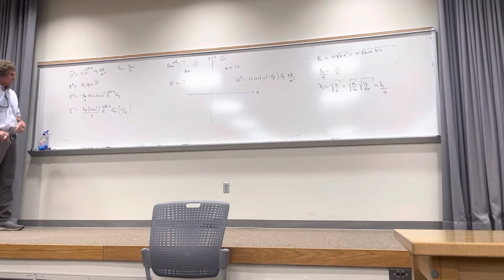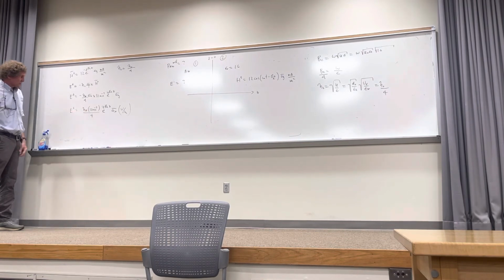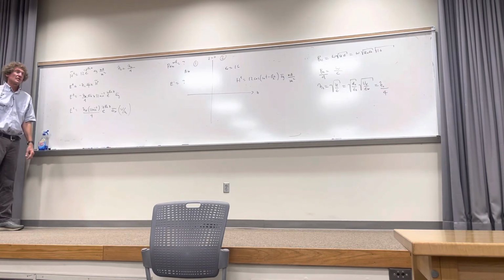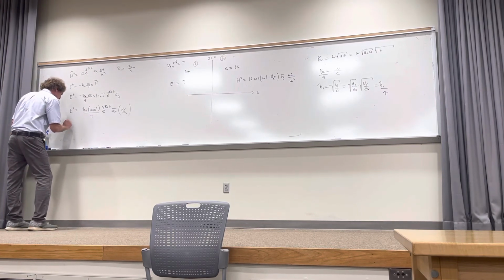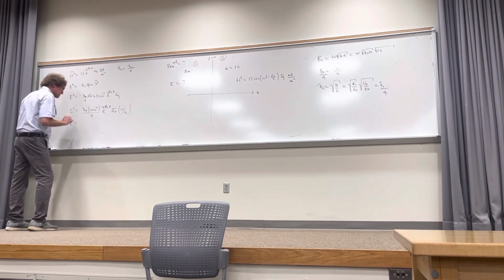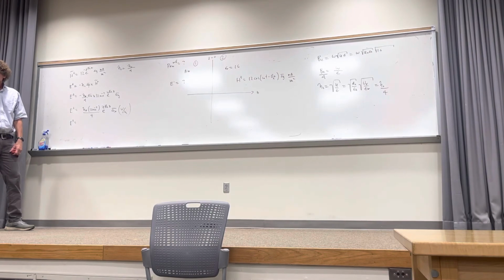Can somebody just do this for me? Take eta naught and multiply it by 3 times 10 to the minus 3rd. It's 12 over 4 is 3.